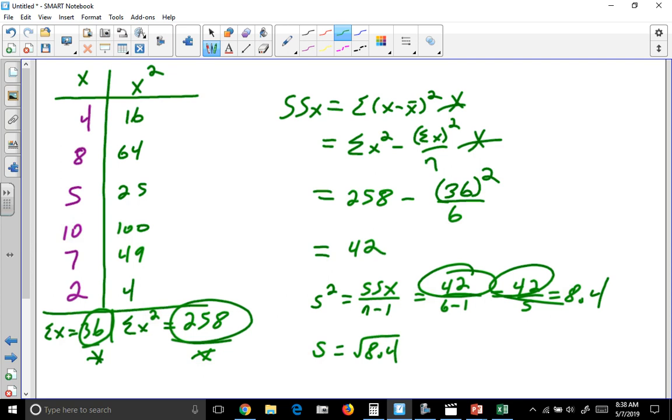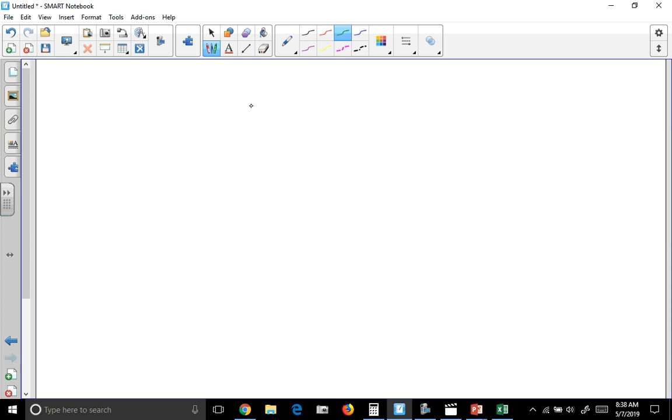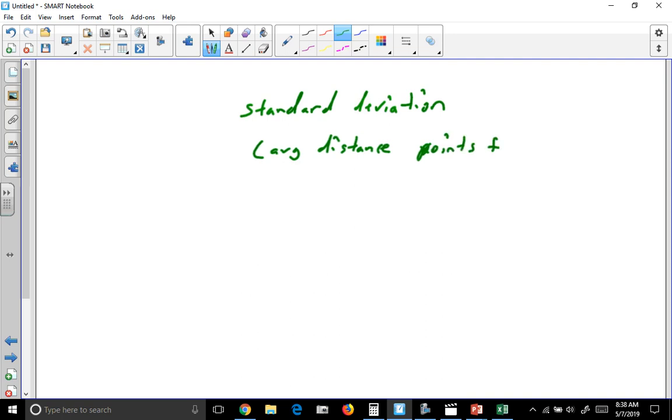Now, when we analyze standard deviation, the larger the standard deviation is, the more spread out the data. So the standard deviation, which we said is roughly the average distance, let's say points are from the mean. So if the standard deviation is a small number, then values are grouped closely to the average.